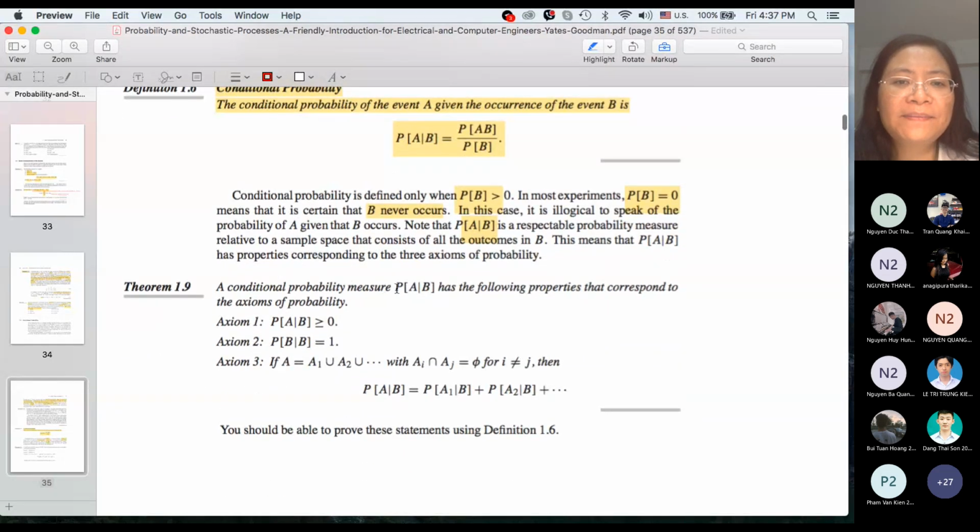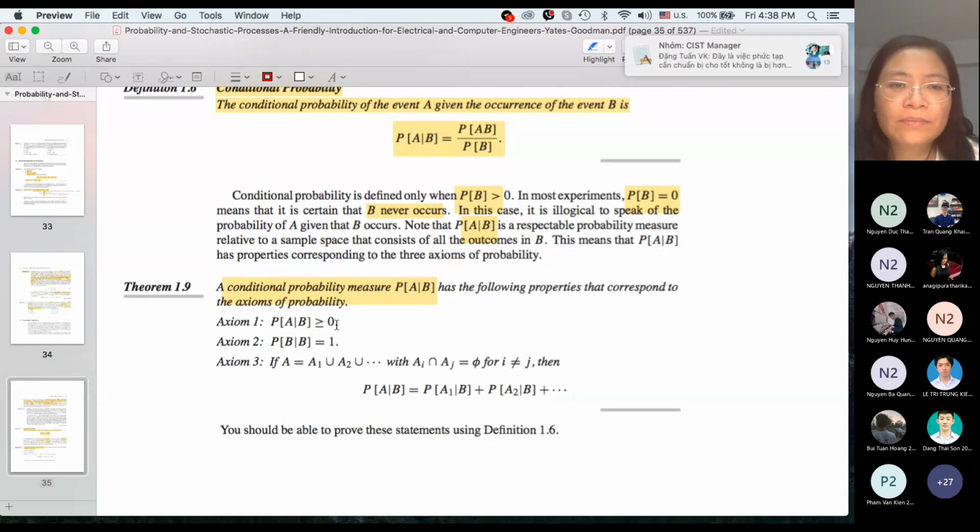And we prove that the conditional probability of A given B satisfies the axioms of probability. The first axiom: for any event A, the probability of A given B is greater than or equal to 0.